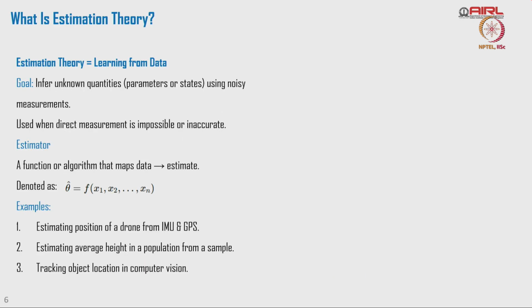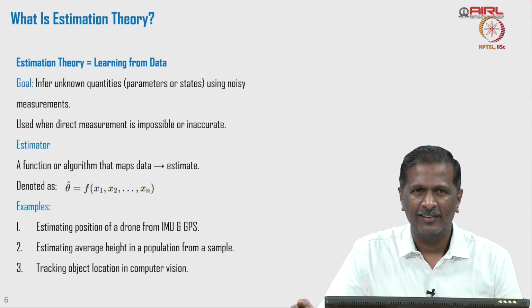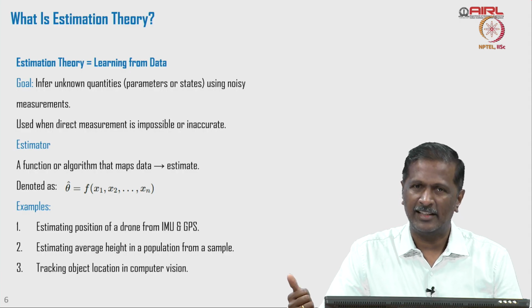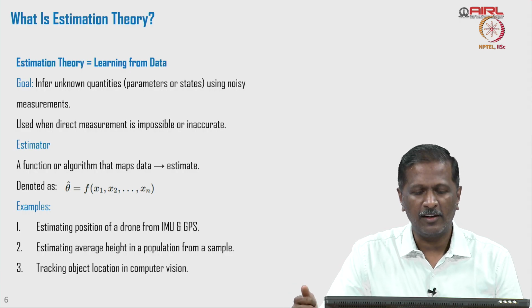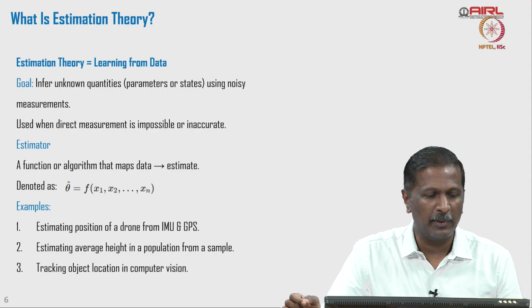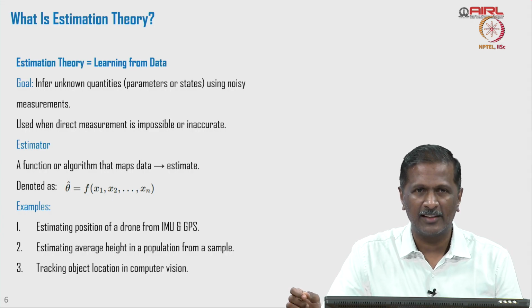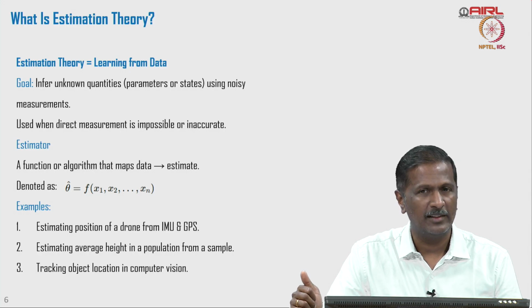Now what is the goal here? The goal here is to infer unknown quantities, that is either the parameters of the system or the states of the system, using noisy measurements. Remember, estimation theory is basically learning from data.